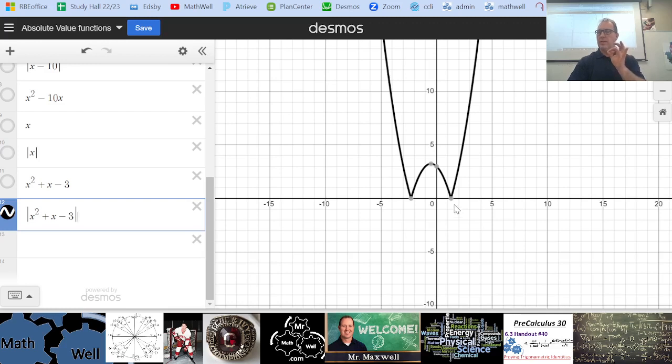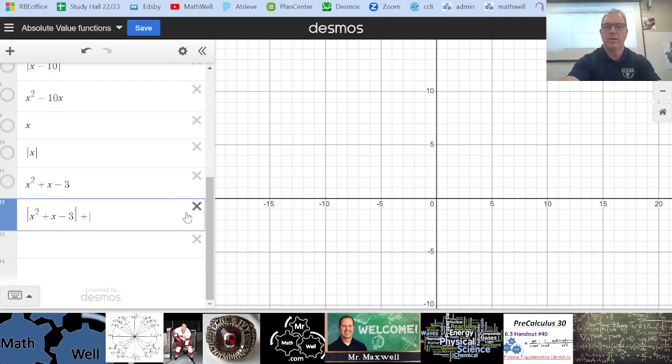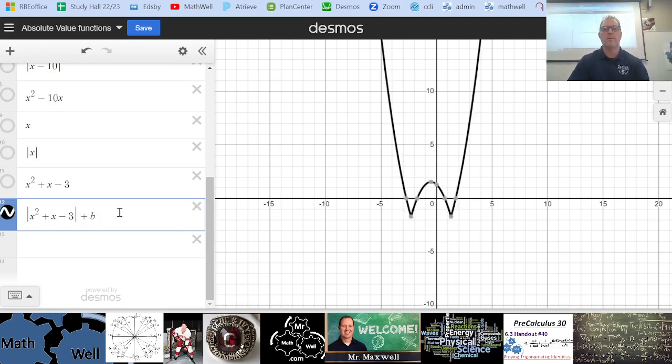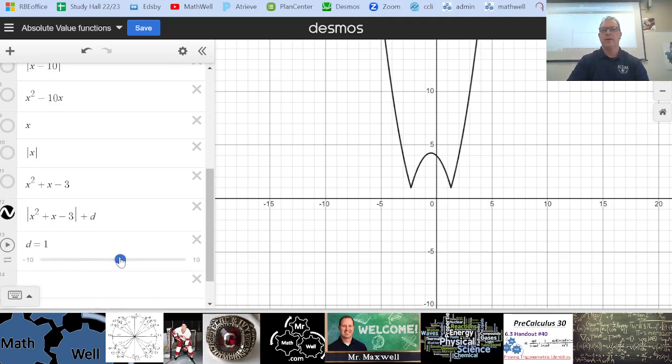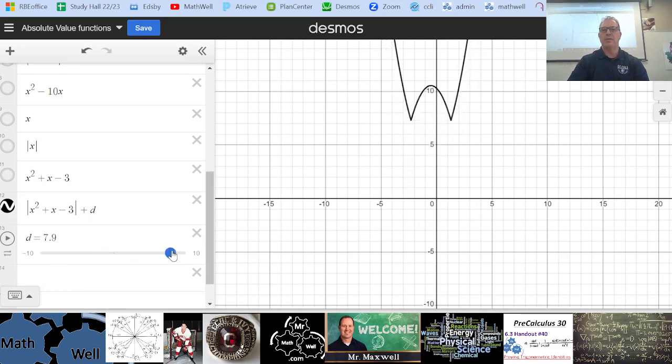Now, if I take all of these values that exist on the black graph and move every y value up 5 units, every one, then this graph, here I'll just do plus d, I'll add a slider for d. If I move this up 5 units, 6 units, 7 units, 10 units, see? Everything moves up.